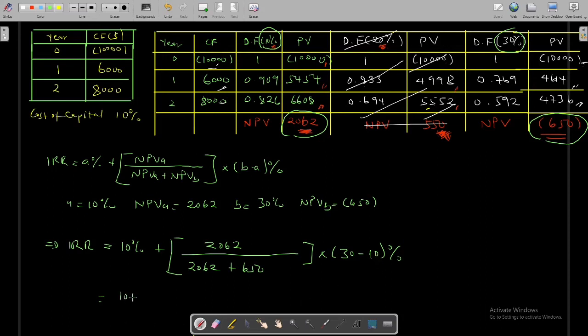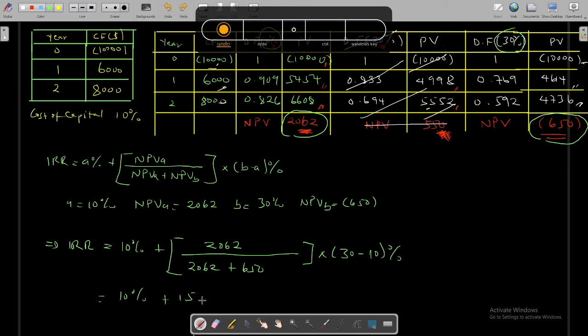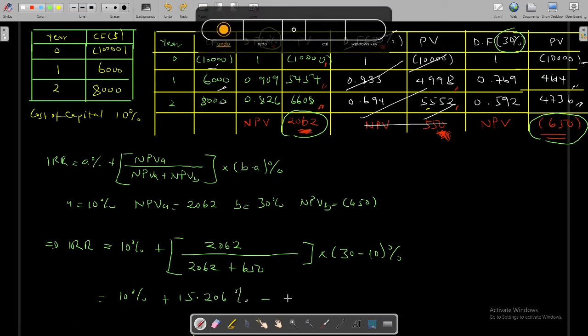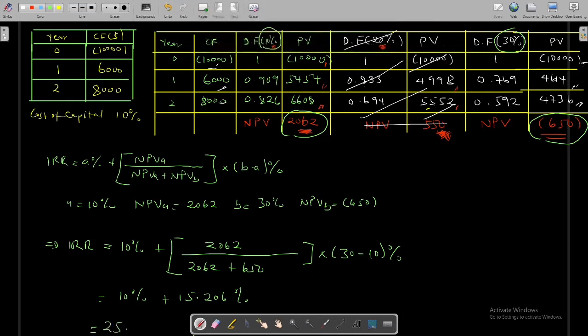So we get 10% plus 15.206%, which gives us 25.206%. So the internal rate of return is 25.206%, or we can say 25%.